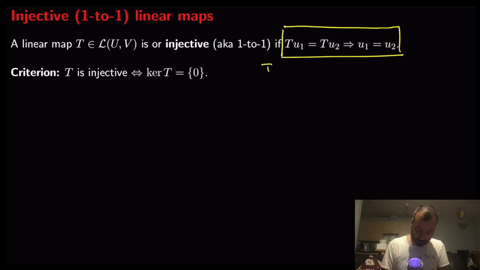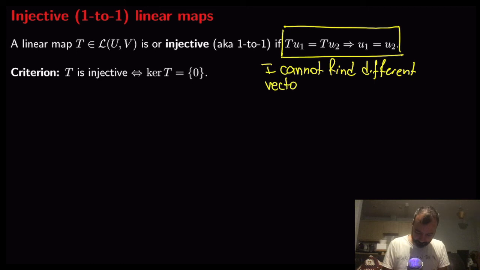So, to put it a little differently, it means that I cannot find different vectors U1 and U2 such that T of U1 is equal to T of U2.